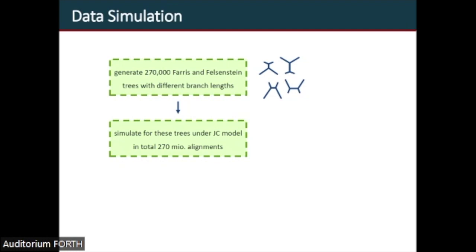We did this under the Jukes-Cantor model, so we assumed a very simple setup with equal base frequencies and equal substitution rates. Therefore, we have the alignments as input to Epsilon and N, and we have the ground truth with the tree types due to this simulation.